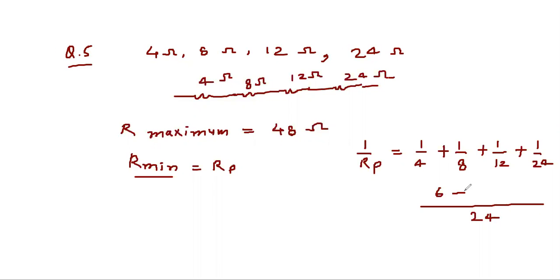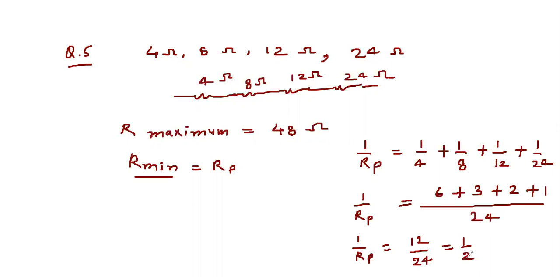So this will be 6 plus 3 plus 2 plus 1, which is 12. So 1 upon Rp equal to 12 by 24. That is 1 upon 2, which gives Rp equal to 2 ohm, which is minimum resistance.